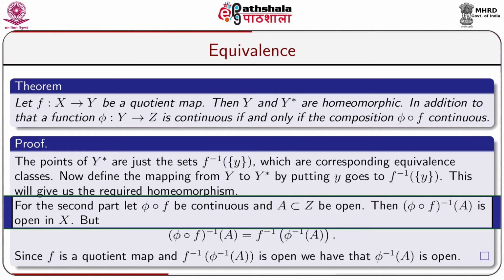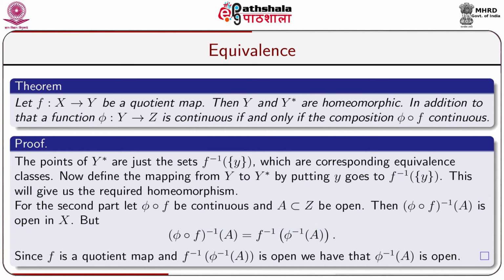For the second part of this theorem, let phi compose f be continuous and let a subset A of Z be open. We have to prove that phi is continuous.